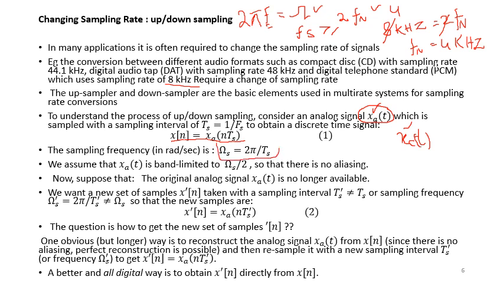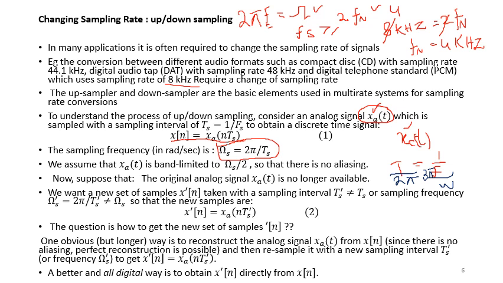The relationship between frequency and time is that in case of linear frequency, T and F are reciprocal of each other, so T equals 1 by F. Now if I divide both sides by 2 pi, then this 2 pi F will become the radian frequency, angular frequency, sorry, which has units of radian per second.